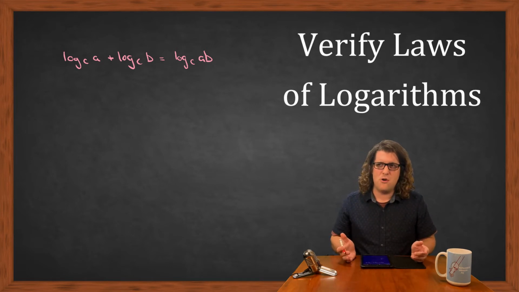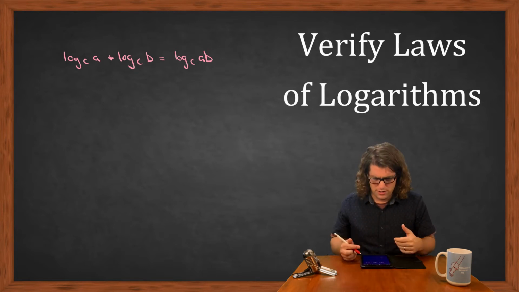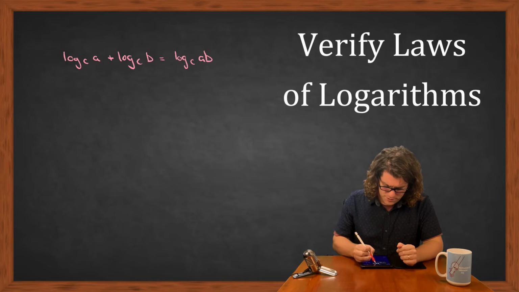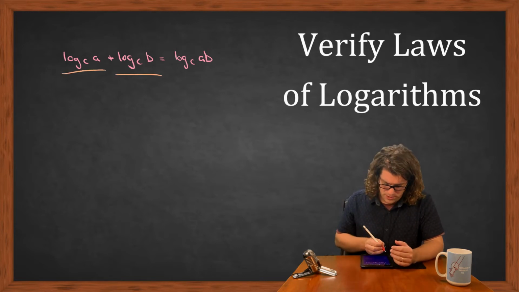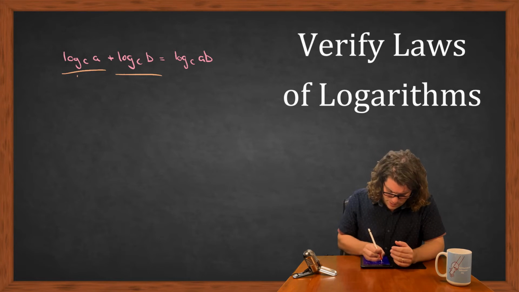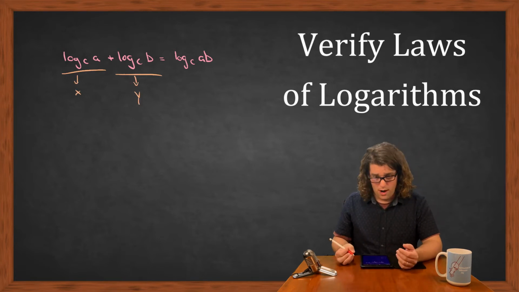It's going to allow me to write things a little bit differently than I have them currently, and it's going to be helpful to proceed further in this question. So I'm going to say that this first part right here, I'm going to call that x, and this second part here I'm going to call y.